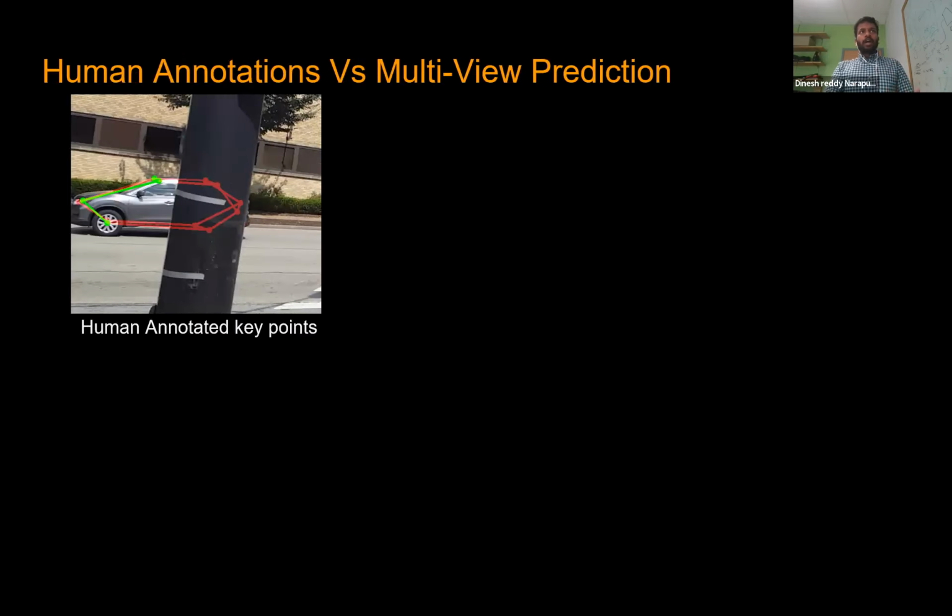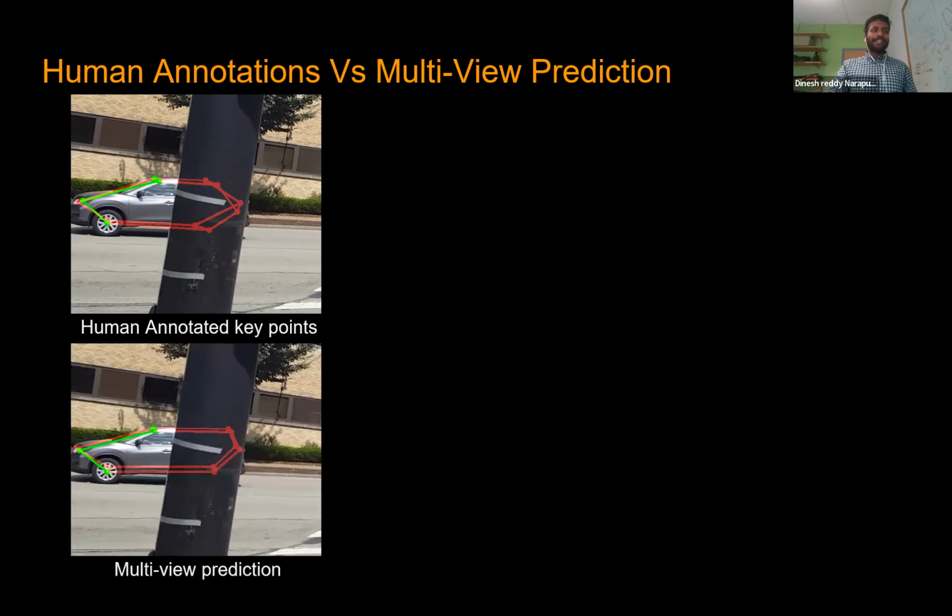I show another thing: since we have both the human annotation and multi-view supervision, we can analyze how good the human annotators are. The top is an example of a human annotated data set, and the bottom is a multi-view prediction.